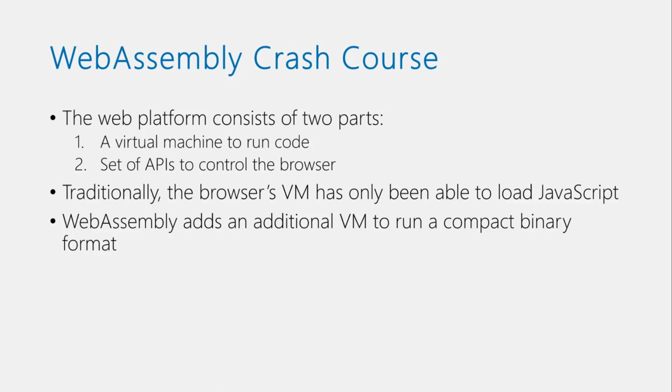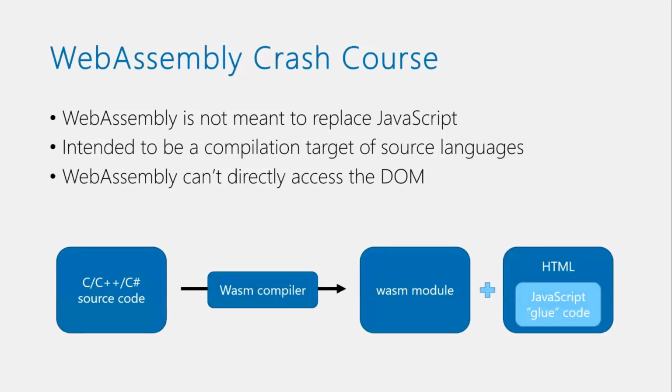So traditionally, browsers have had one VM, that's JavaScript. Now we've added an additional VM that hopefully has near native speeds and can fix some of the pitfalls that JavaScript has. Out of that, we end up with Blazor. The nice thing is you can see that WebAssembly is not meant to replace JavaScript.